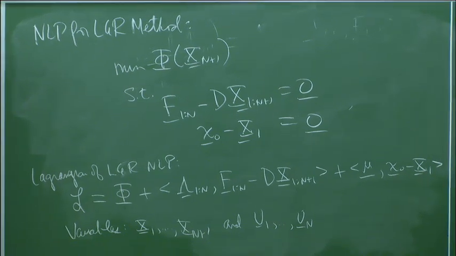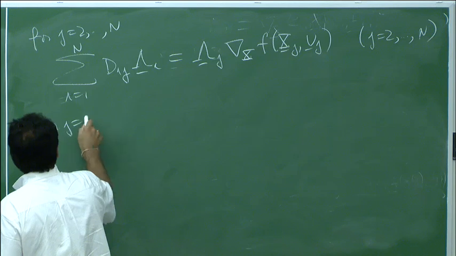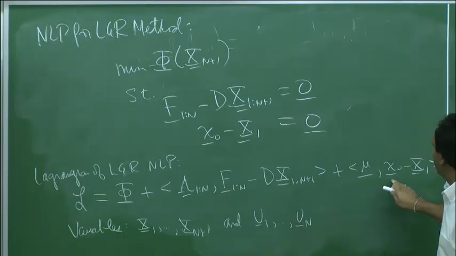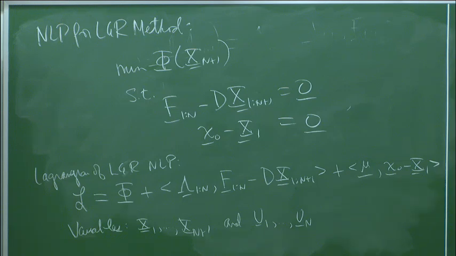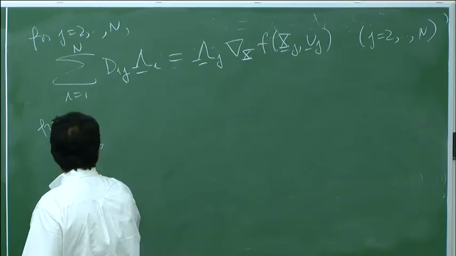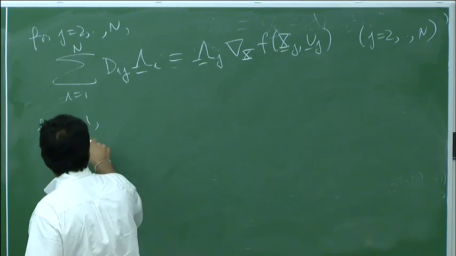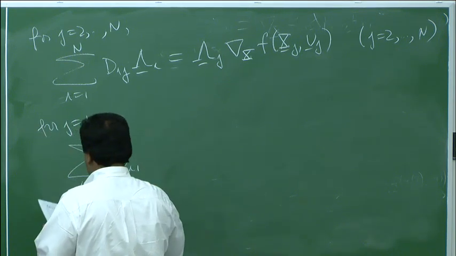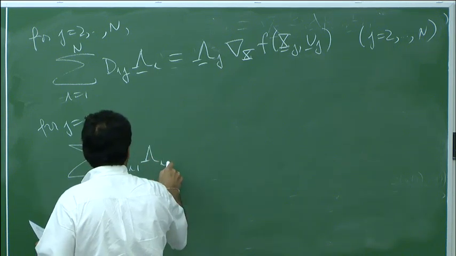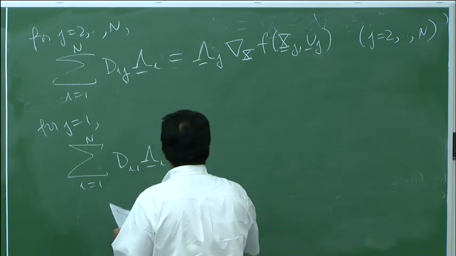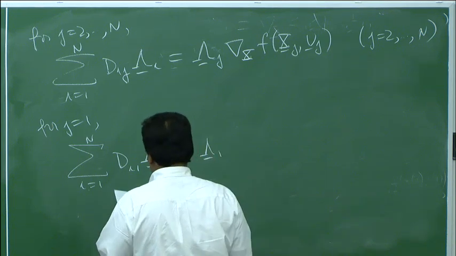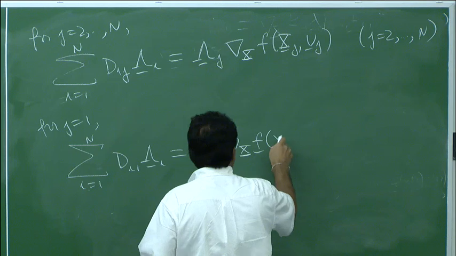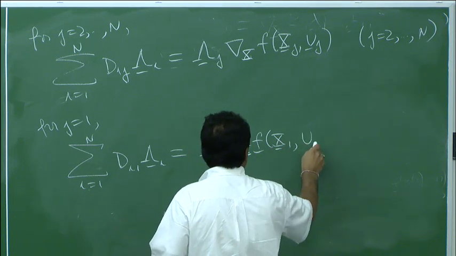Now for j equals 1, the situation is a little bit more complicated, because when j is equal to 1, I also get the derivative with this term over here. So what I get is almost the same thing. I get the sum from i equals 1 to n of d_i1 times lambda_i is equal to lambda_1 times the gradient with respect to x of f(x1, u1).